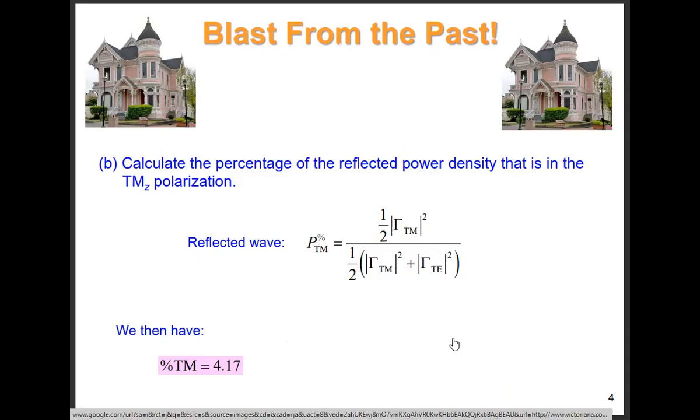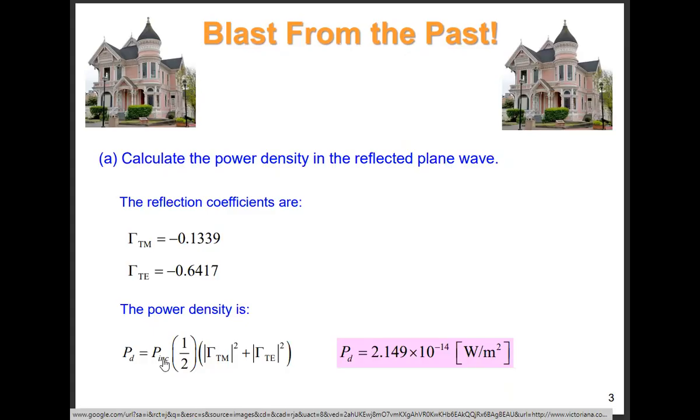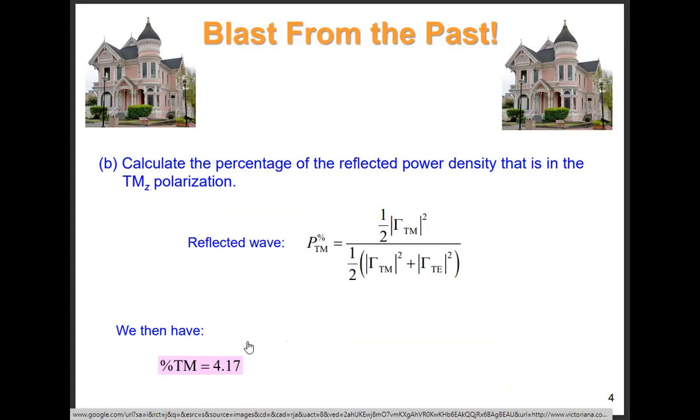Now you can put in P incident if you want in the numerator and the denominator in this formula. It doesn't really matter, it's just going to cancel out. So the percent of power in the TM wave in the reflected wave would be, and again, you usually put P incident in both places, but I canceled it out, took a shortcut.